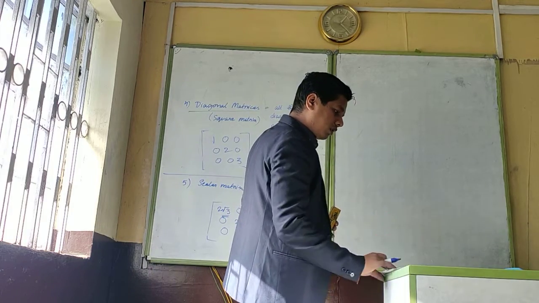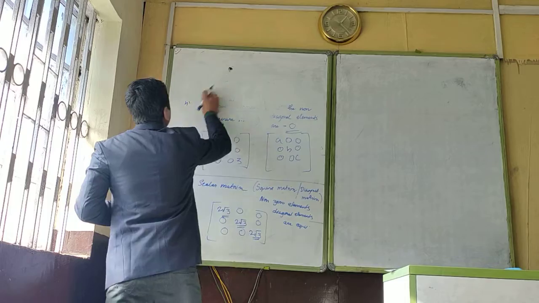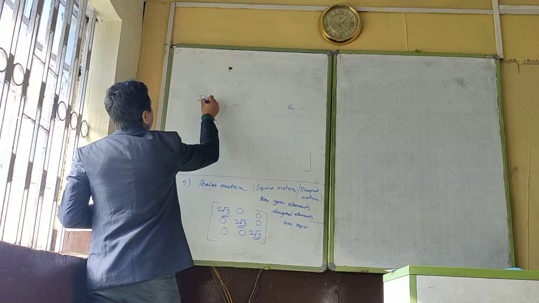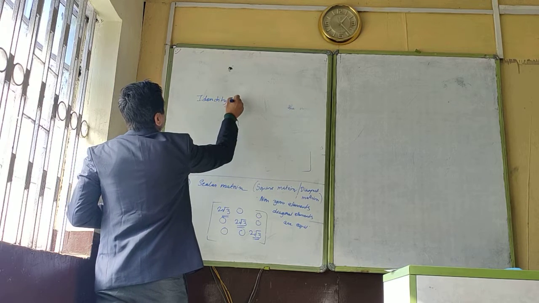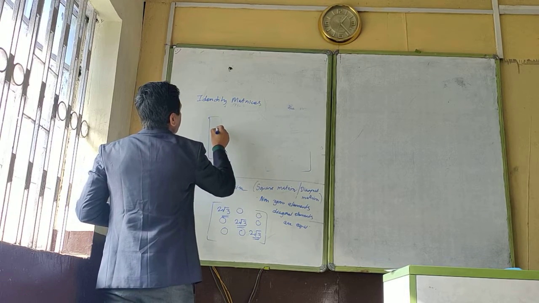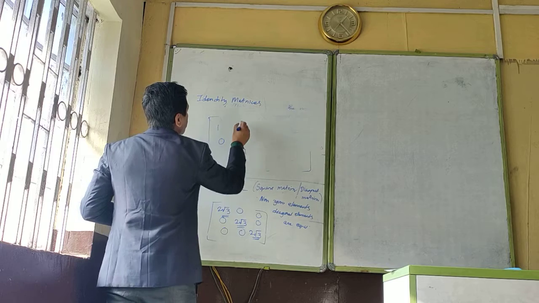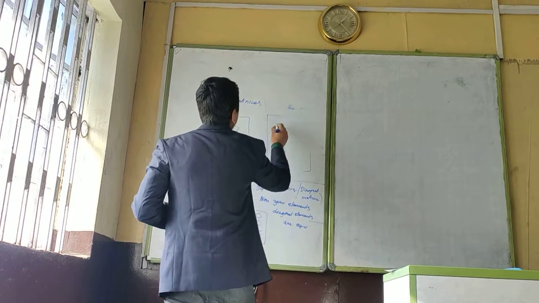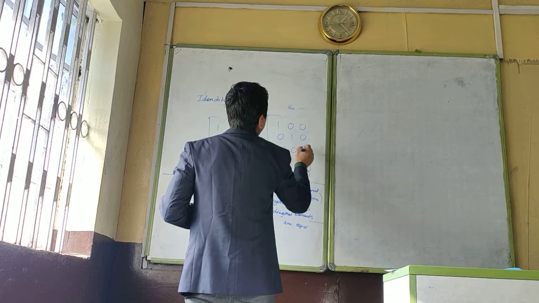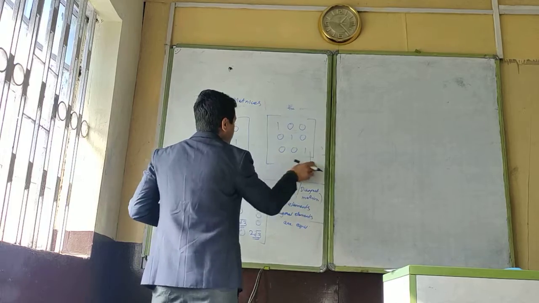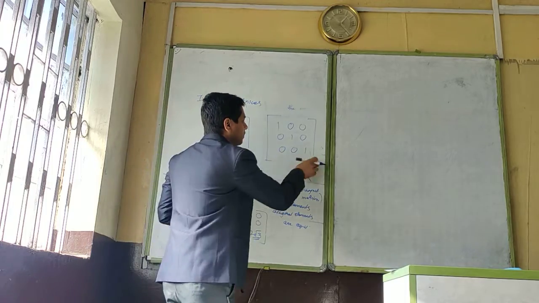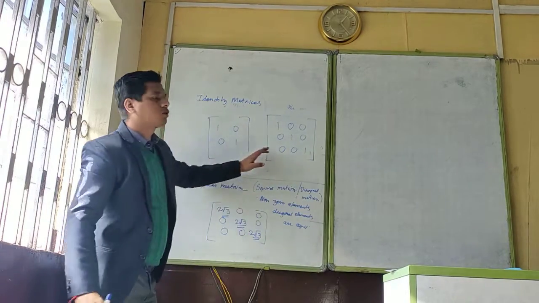Now we come to another type of matrix that is known as the identity matrix. We can observe that this is also a square matrix, and also a diagonal matrix.